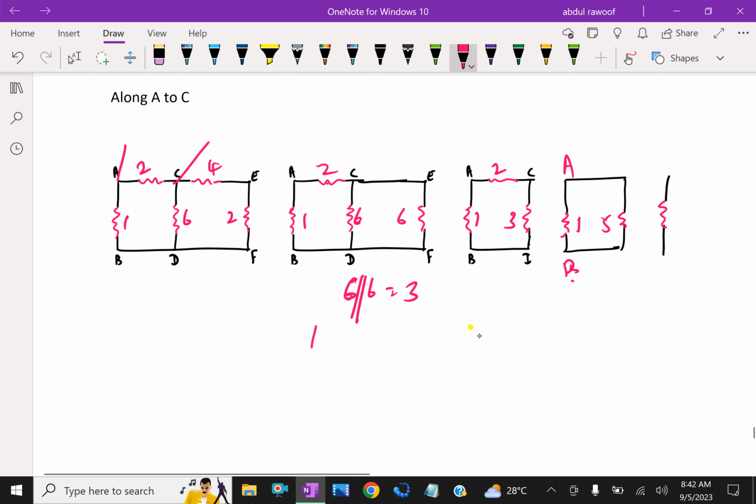Here RCD is 3. RCD is 3. Then RAC. RAC means from this to this is 2 and 4. You directly come out with this.